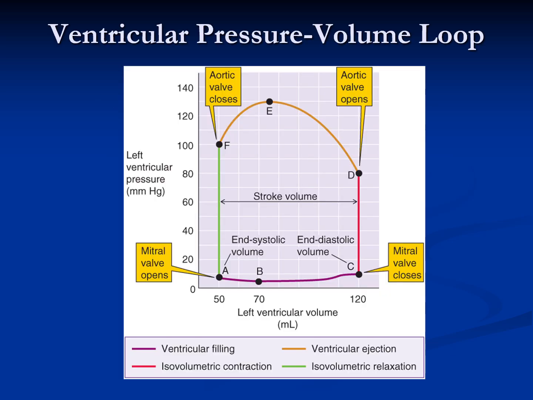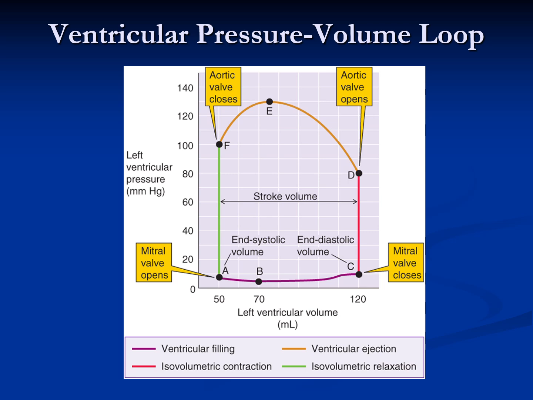You will have this figure where on the x-axis you have the volume of the left ventricle, and on the y-axis you have the pressure in the left ventricle. This is exactly the same cardiac cycle we discussed in the previous lecture, but we're looking at it in a slightly different way, in what we call the pressure-volume loop.